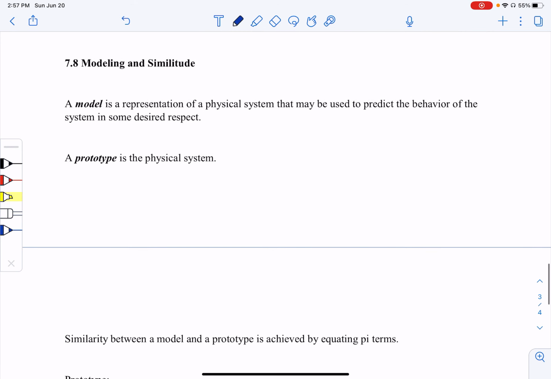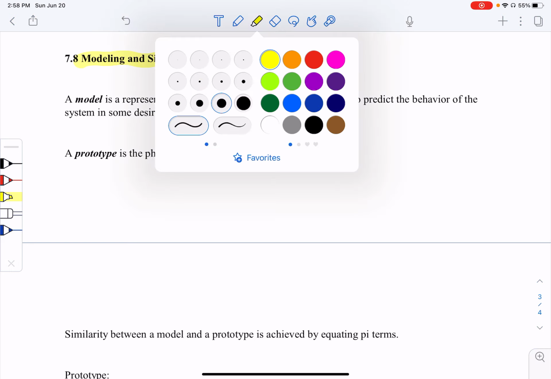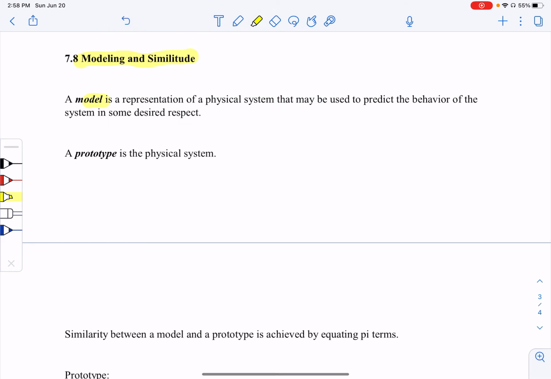Now we are going to talk about modeling and similitude. We talk about this because this is how we are going to use our pi terms. There are two definitions that we are going to see in this chapter a lot.